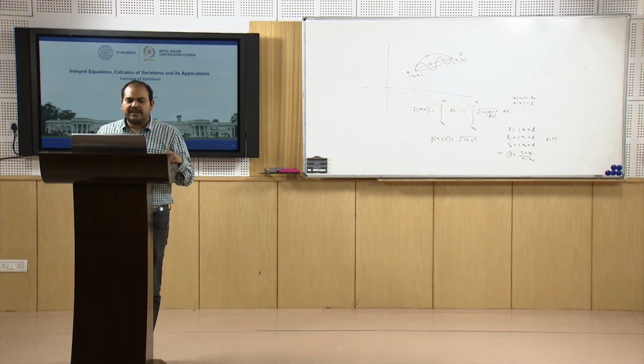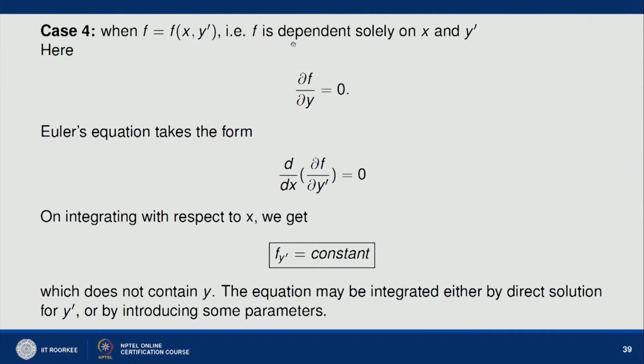So now moving on to the next case. The next case is that f is written as f of x comma y dash, so it is independent of y here. If it is independent of y, then the first term of the Euler's equation, del f by del y, is simply 0, and in this case your Euler's equation reduces to d by dx of del f by del y dash is equal to 0.